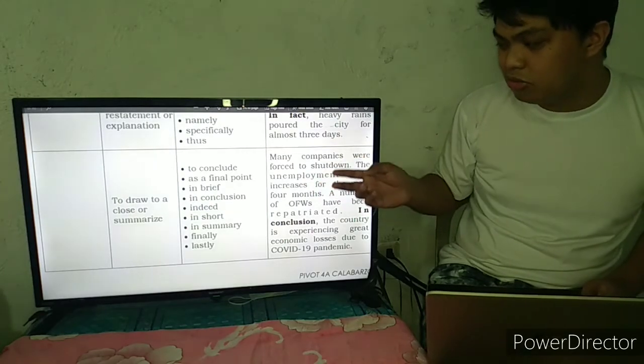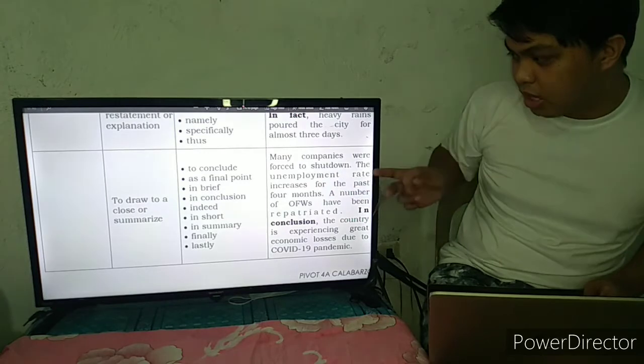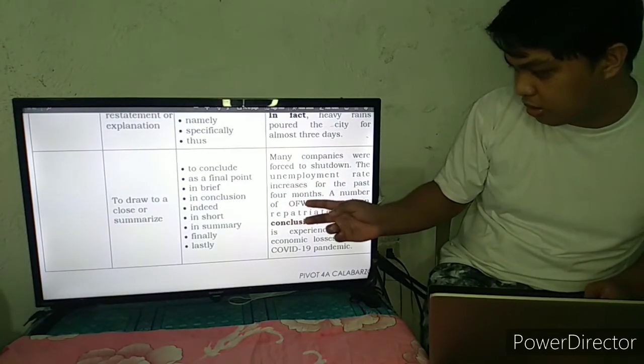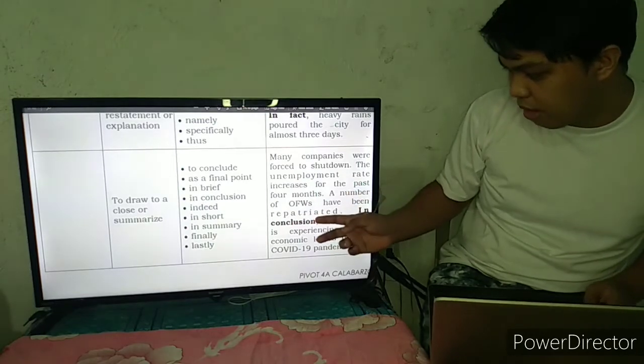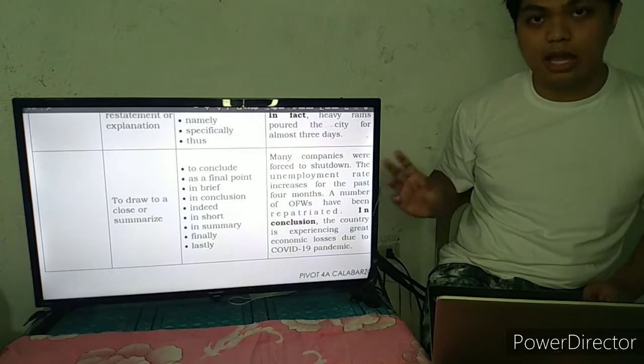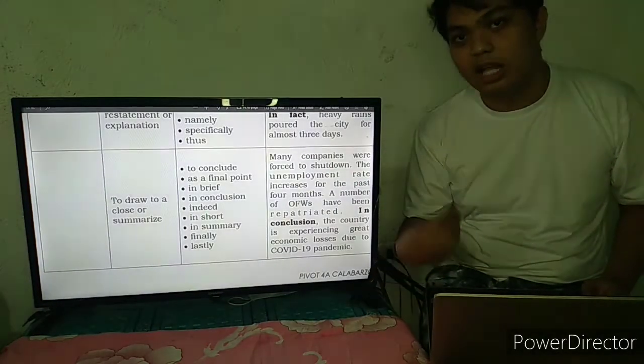O, bakit mag-shutdown or ano kaya magiging epekto ng shutdown? The unemployment rate increased for the past 4 months. A number of OFW have been repatriated. Okay, dahil dito sa mga pangyayaring ito, ano kaya ang magiging conclusion natin? Ano ang maiisip natin? Ano ang mangyayari?